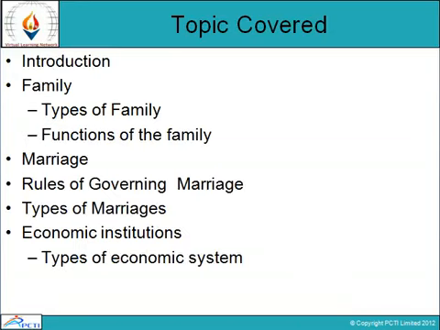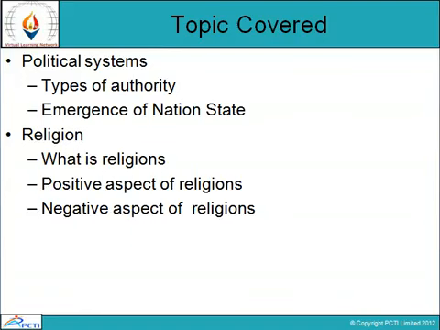The topics that will be covered in this session are Introduction, Family, Types of Family, Functions of the Family, Marriage, Rules of Governing Marriage, Types of Marriages, Economic Institutions, Types of Economic System, Political Systems, Types of Authority, Emergence of Nation-State, Religion.